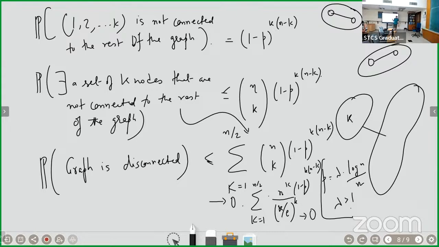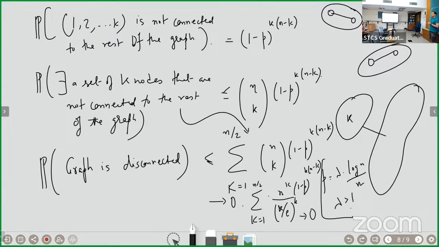The big picture, remember, is not lambda equal to 1. The big picture is log n by n. This will keep coming back to us. Roughly in most of these graphs, whenever we are looking for connectivity, we need log n expected number of neighbors, but for calculation, we need expected number of nodes to be just more than 1.